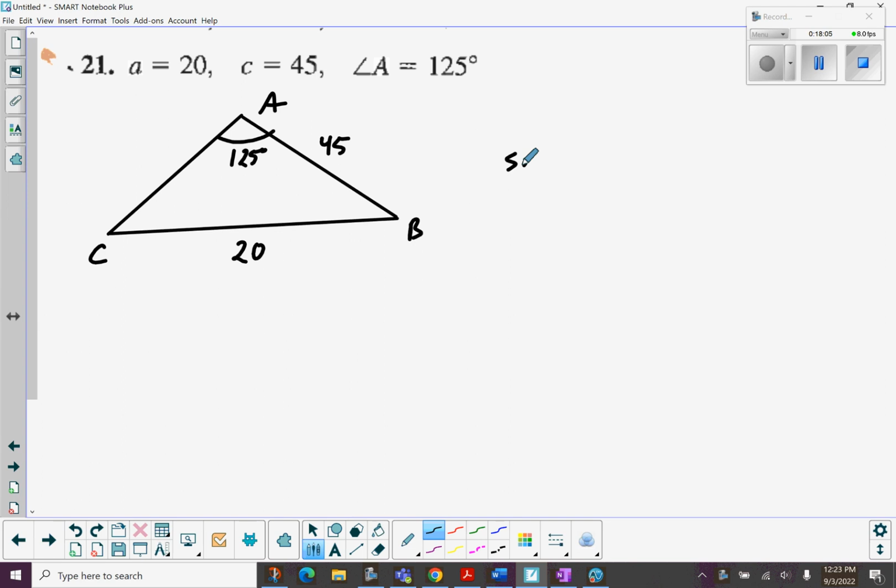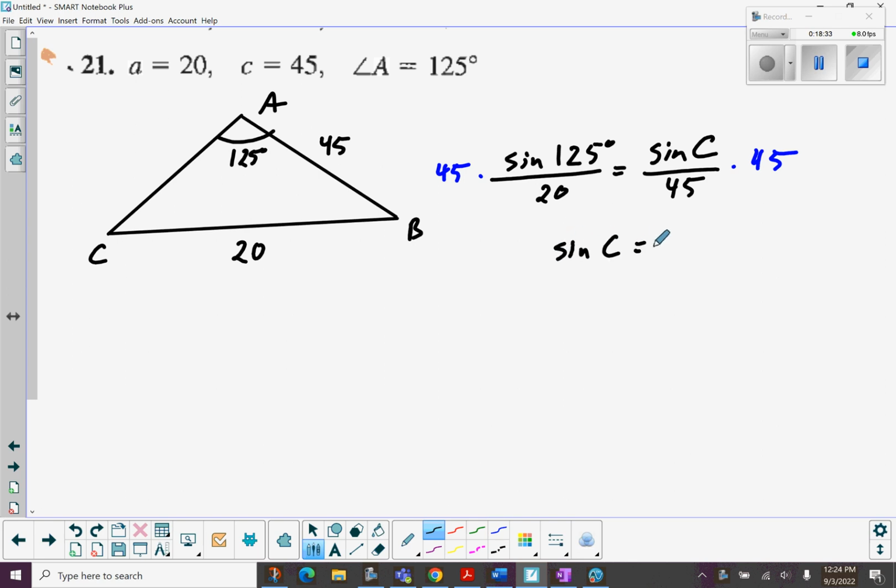So if I use the law of sines, the sine of 125 degrees divided by the length of 20, side A, and I know this is side C, so I'll set this up using the sine of angle C divided by 45. Now again, just multiply by 45. So we get the sine of angle C is 45 times the sine of 125 degrees divided by 20.